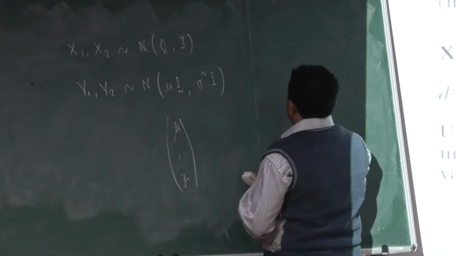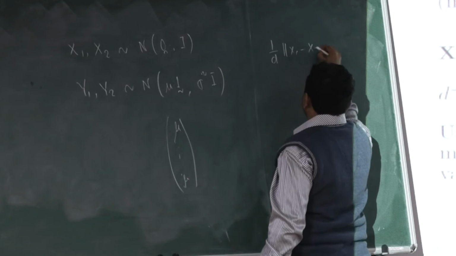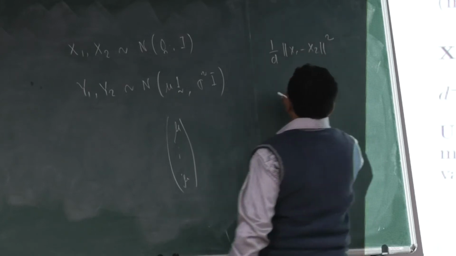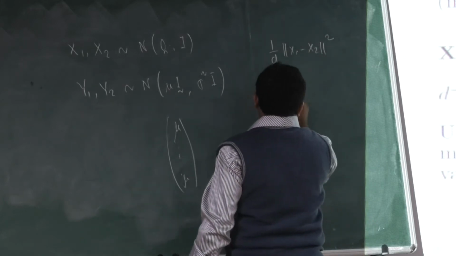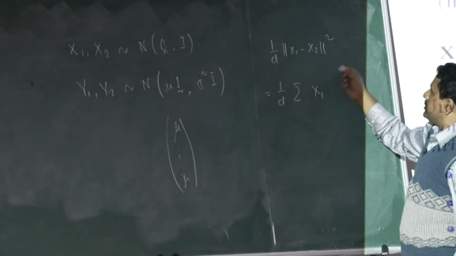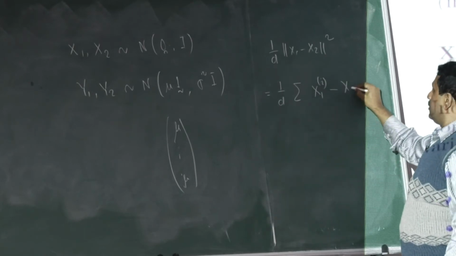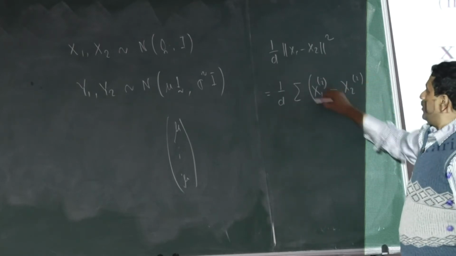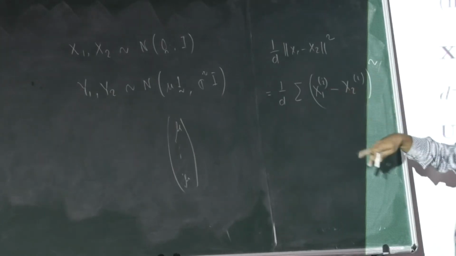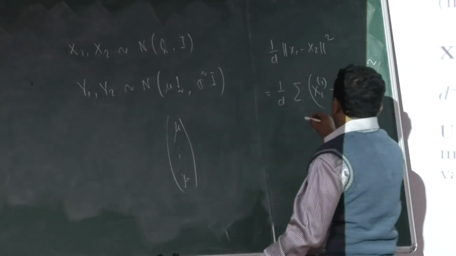Not only that, I can look at this quantity in this way: 1 by d times the sum over i, where this is the ith component of x1 and this is the ith component of x2. So I can write down the square of the Euclidean distance in this way, with i running from 1 to d.